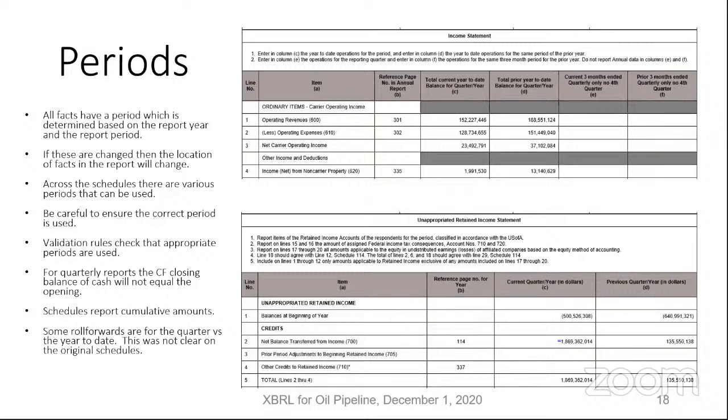In fact, you get a validation error saying, hey, this is not a period that we'd expect to be reported. So the periods are pretty fixed. As you're entering values, you just need to make sure that the periods on them are correct. That's just something to be aware of.